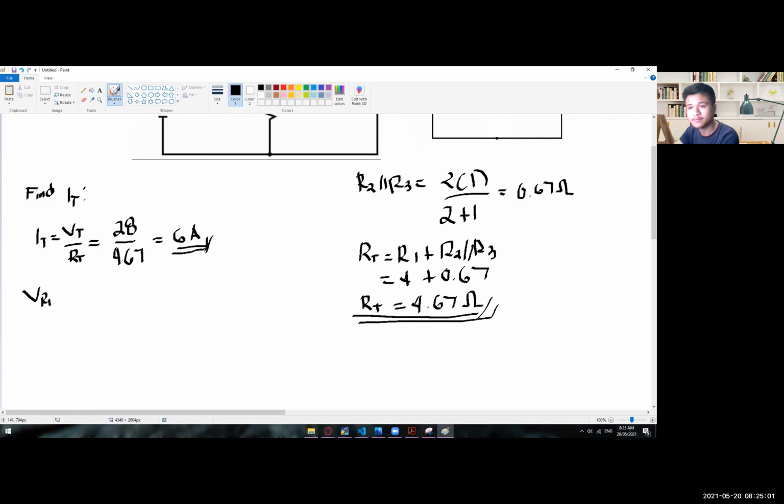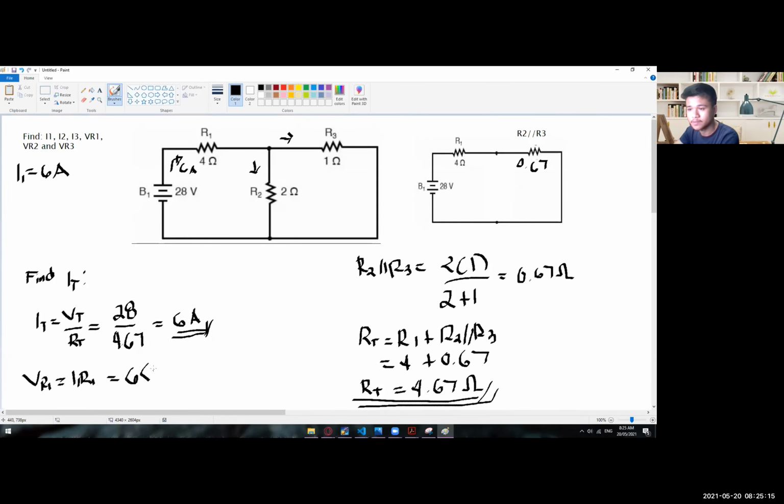So VR1 is equal to, since we are looking for the voltage drop on R1, we need the I1 times the R1, wherein I1 is already 6 amps, and then R1 is 4 ohms. So the voltage drop across R1 is 24 volts.